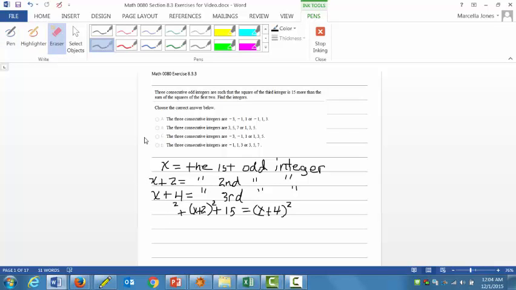And so we just need to get this into standard form by applying the square to x plus 2. So remember, when you square x plus 2, you have x plus 2 times x plus 2.